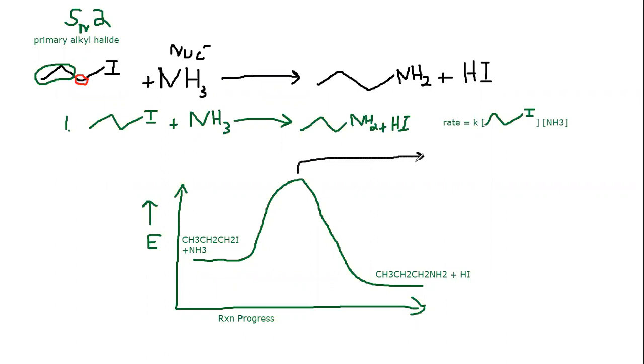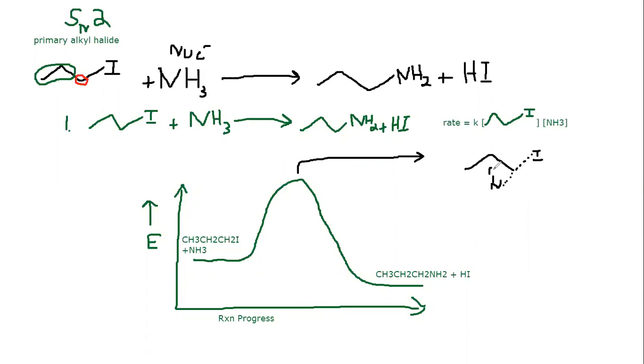So what's occurring at the transition state? So the carbon iodine bond is becoming weakened or getting longer, and the nitrogen is starting to form a bond with the carbon.